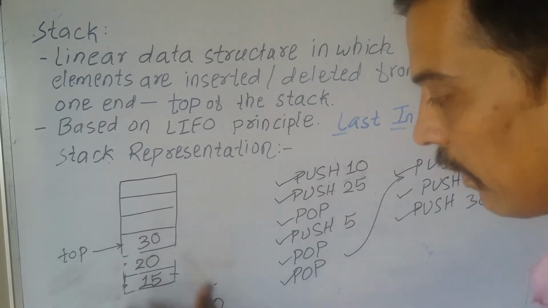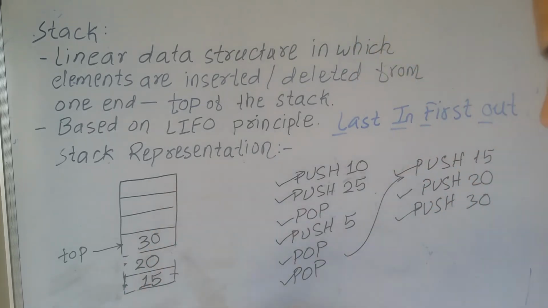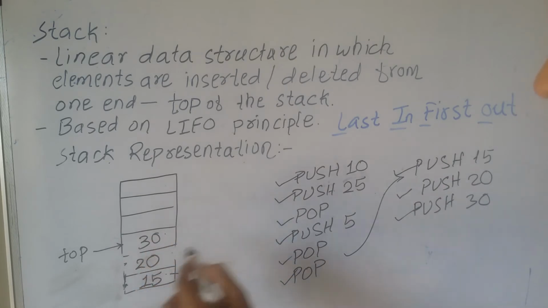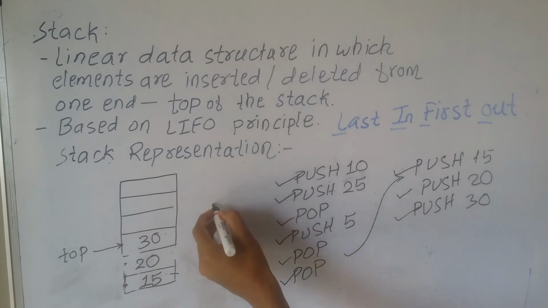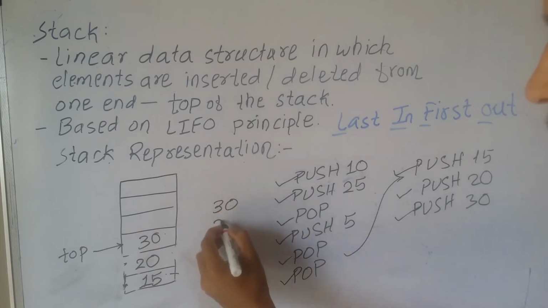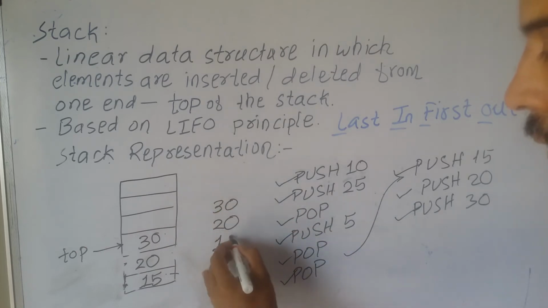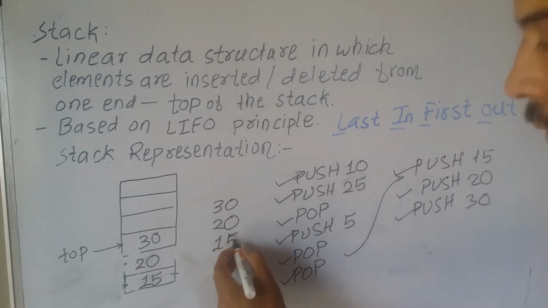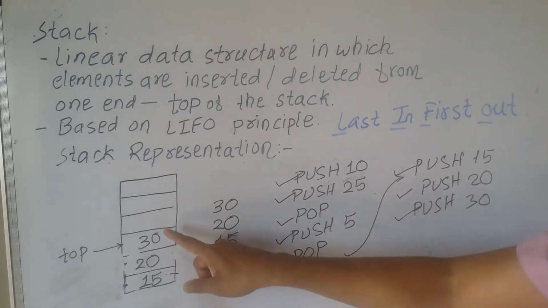This is the condition of the stack at the end of all these operations. Clear? Now I am having 3 elements in the stack, 30, 20 and 15. If I am displaying this stack, I will get the display like this, not like an array, that 15, 20 and 30.